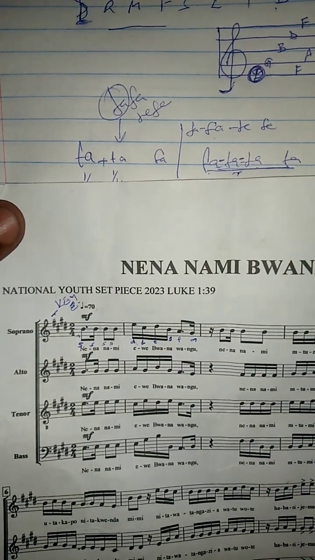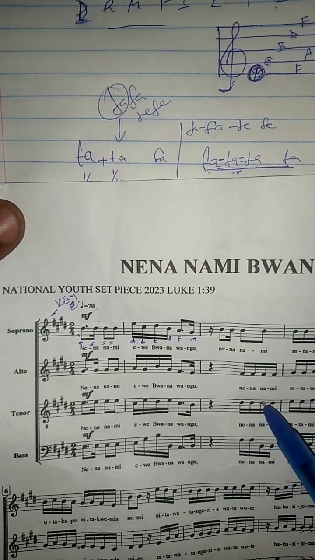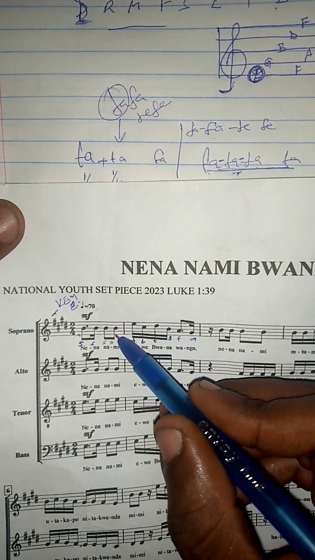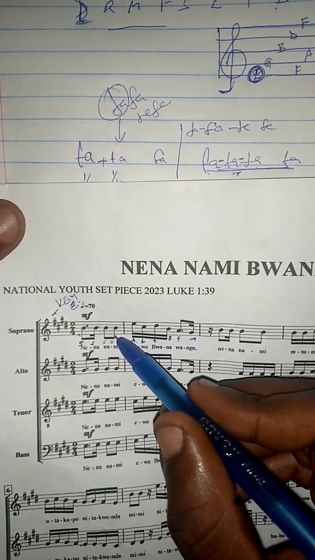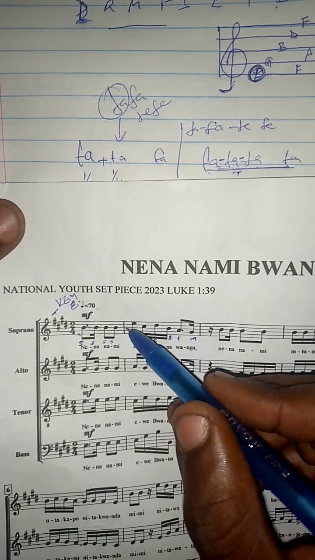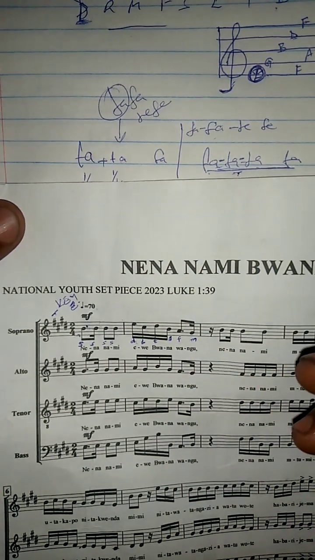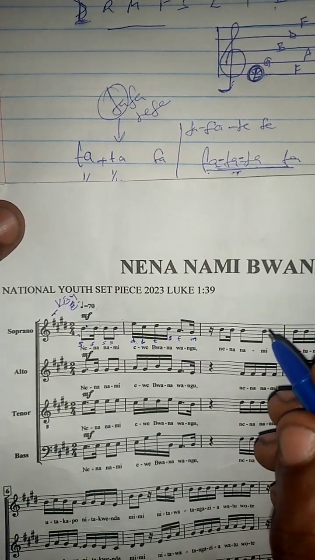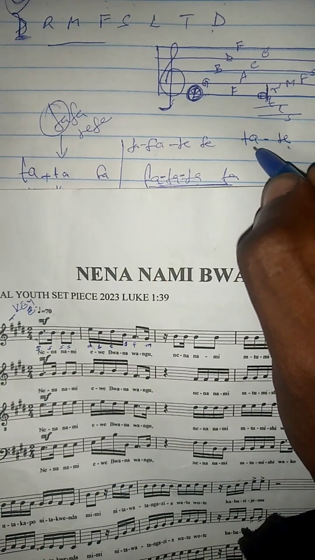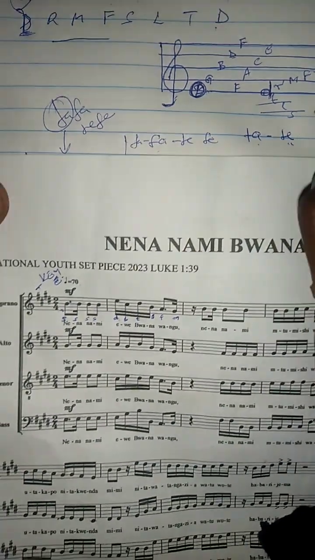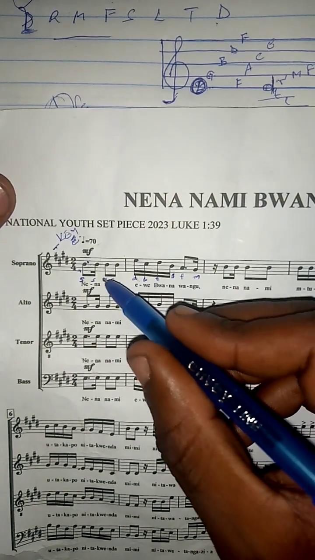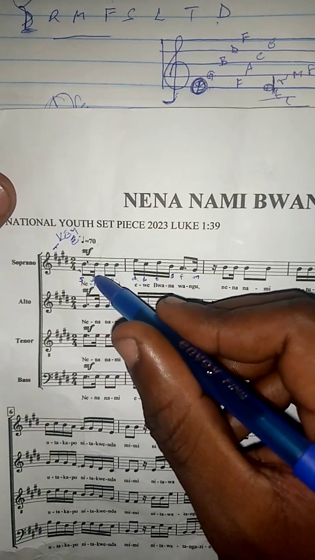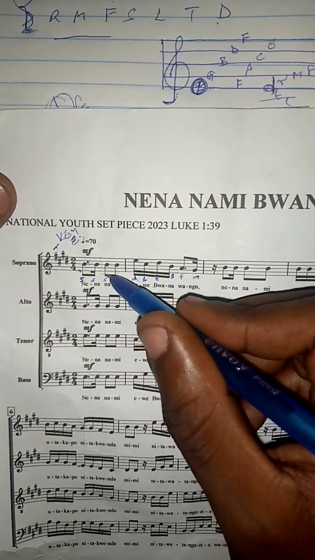Yeah, 3 of them. Then we have the next 2, they are quavers, and the value of a quaver is tate. And only 1 ta is the real value of a quaver. So the first bar will play like ne na na mi tarara tafatefe tate ne na na mi.